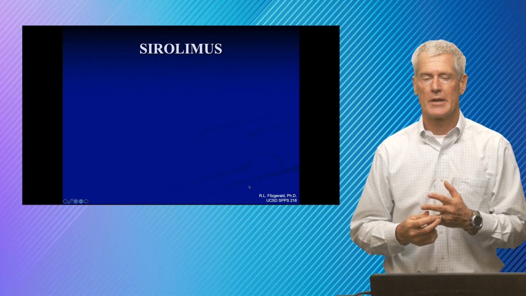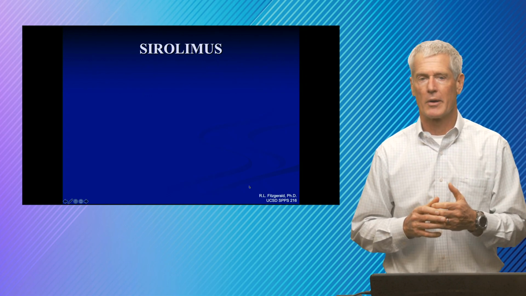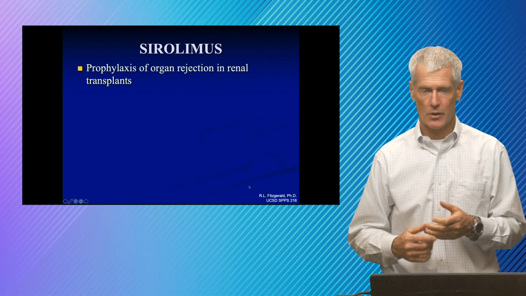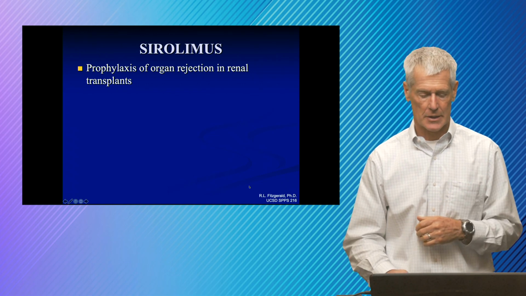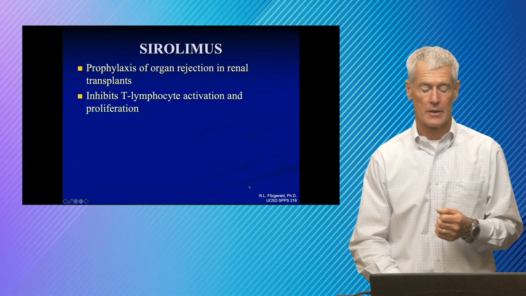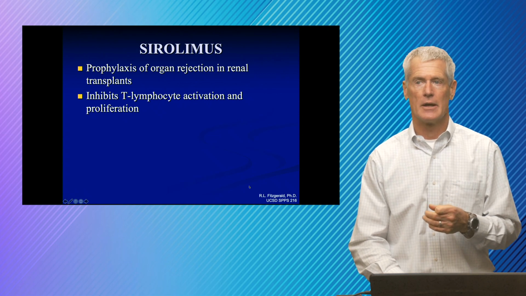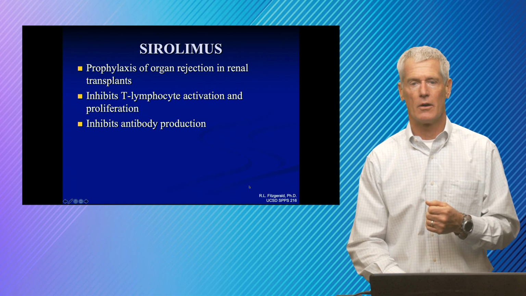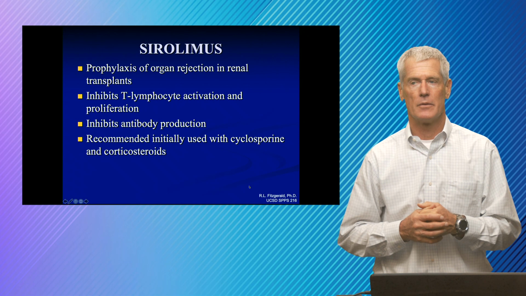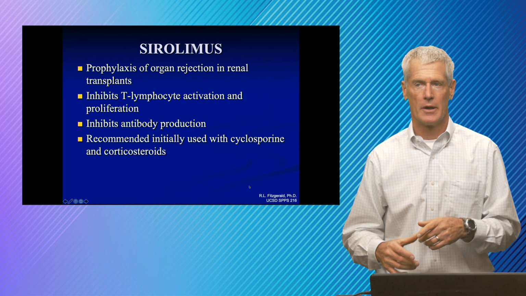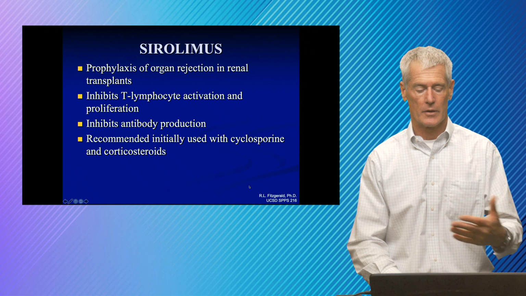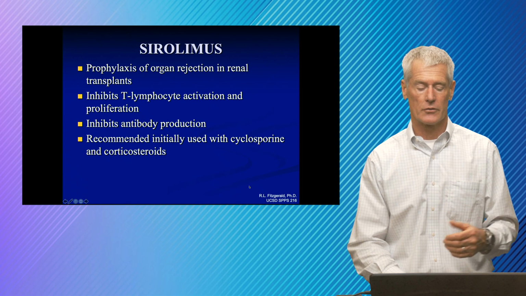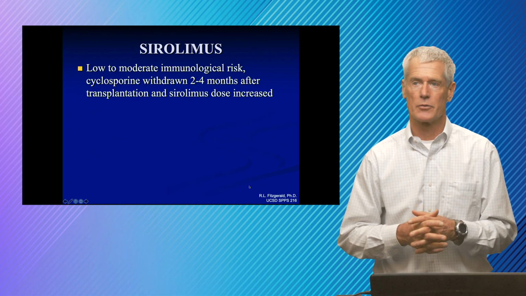Immunosuppressants: sirolimus, tacrolimus, and cyclosporin are our three primary immunosuppressants that we monitor. Probably sirolimus the least, followed by cyclosporin, and then tacrolimus. Sirolimus is used in renal transplants. It inhibits T cells. It also has B cell activity, and usually it's used initially with cyclosporin and steroids, and then, depending on the protocol, sometimes they're cycled off the sirolimus and up-titrated on the cyclosporin.